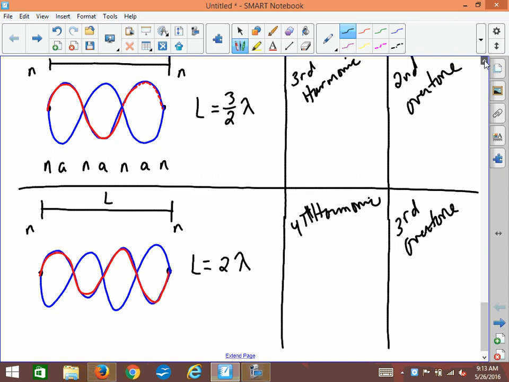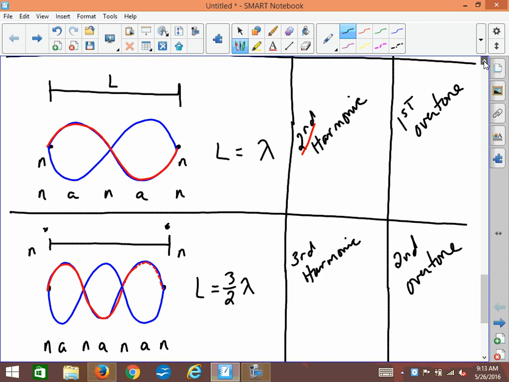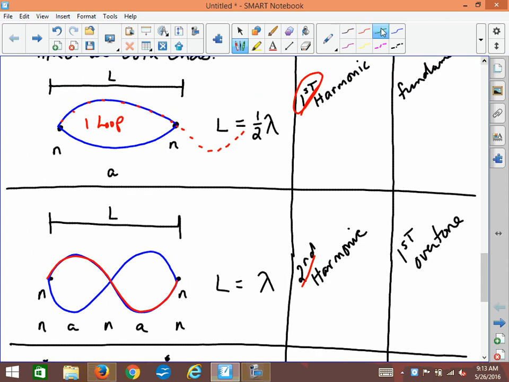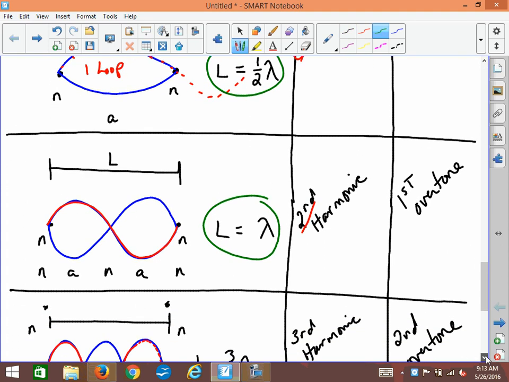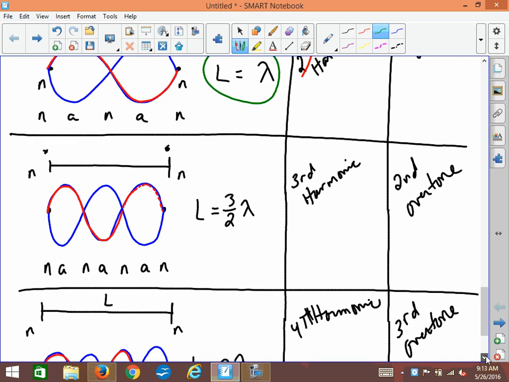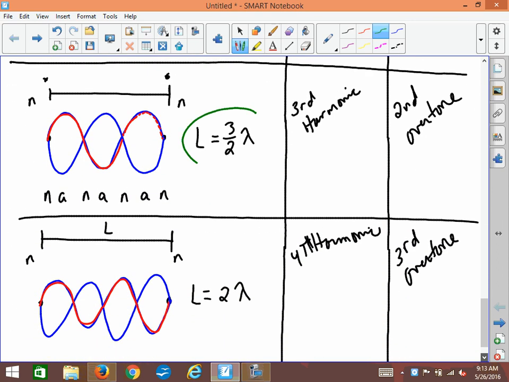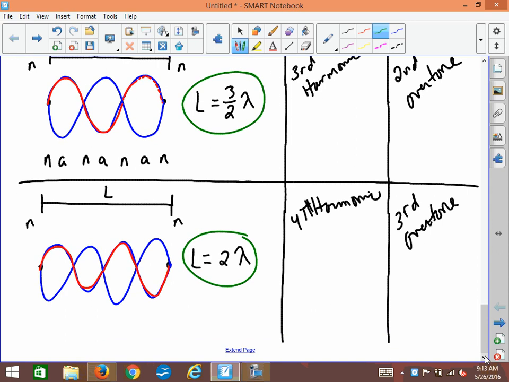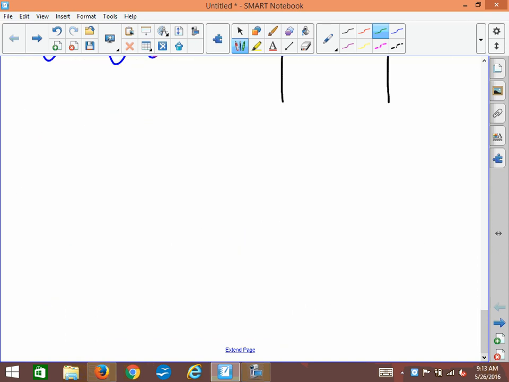All right, let's look at these relationships we've written down. For convenience, I'll write them again underneath so we can focus on them all at once. For the first harmonic, we had the length of the string equal to 1/2 of lambda.